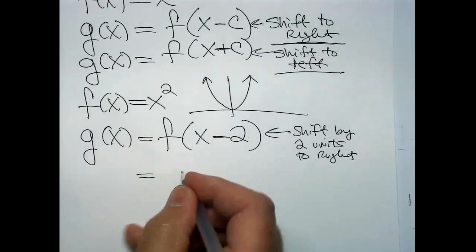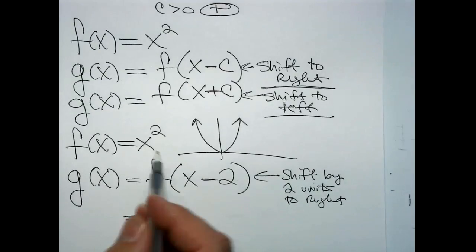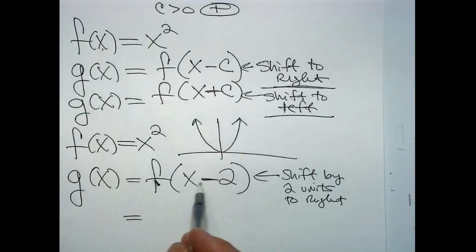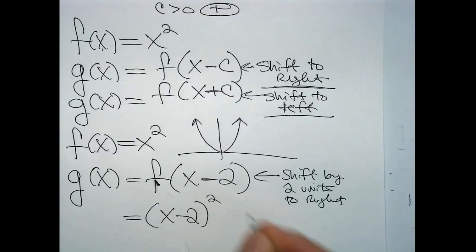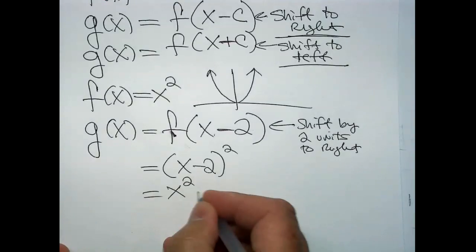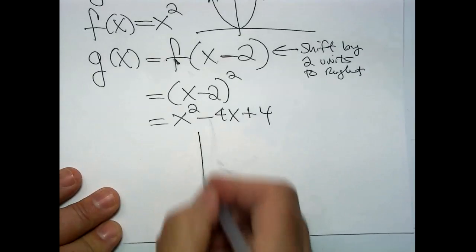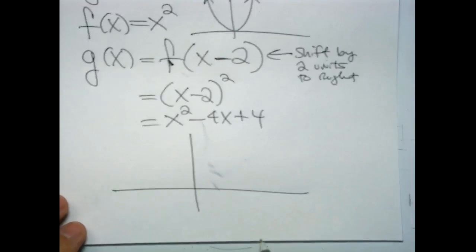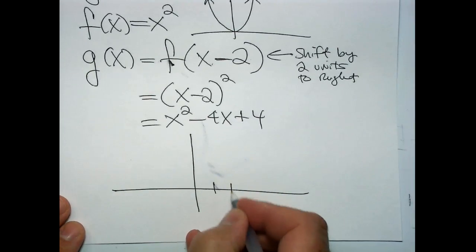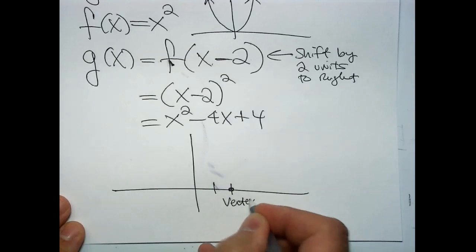What does that look like algebraically? Well, function notation says we just replace the letter x with x minus 2, and you can even square it out if you would like. But the picture ought to look like this. This is now our vertex, right here.